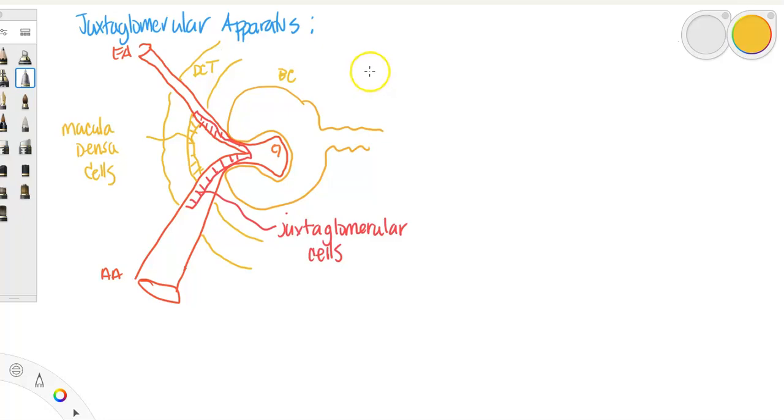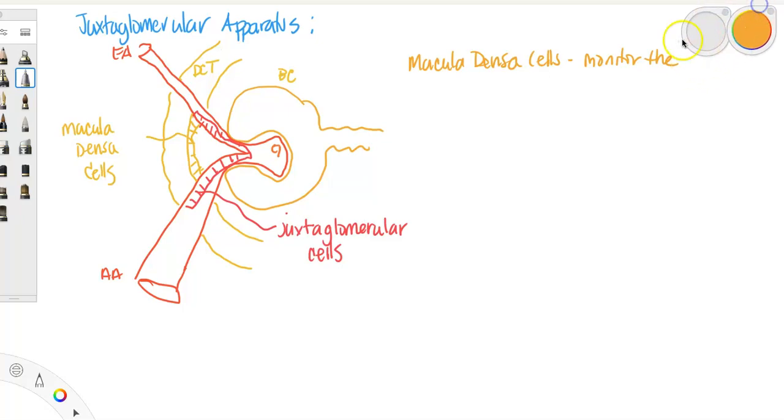So what do macula densa cells do? Well, they monitor the filtrate, if you remember. They monitor the filtrate for sodium.